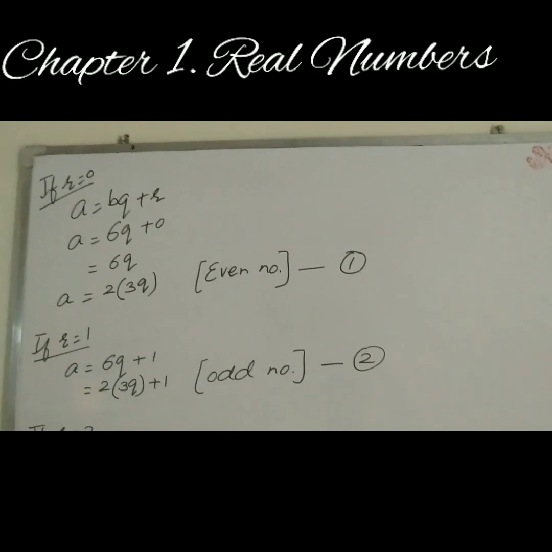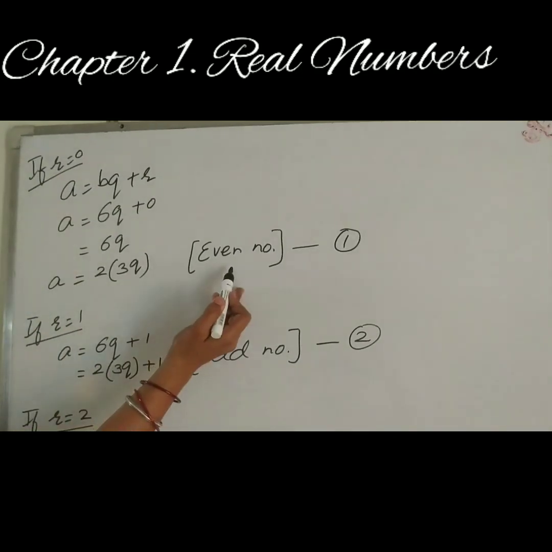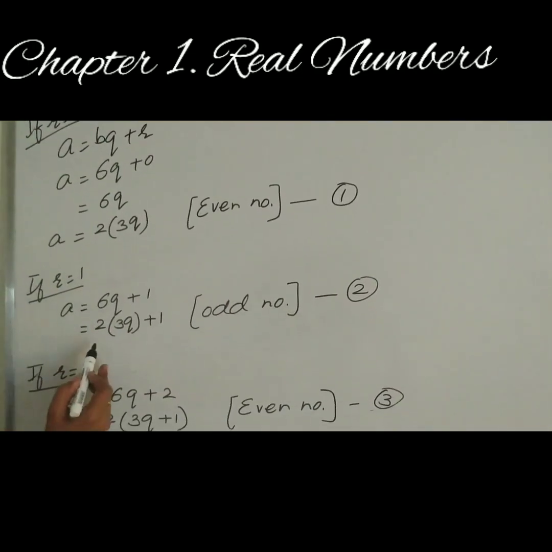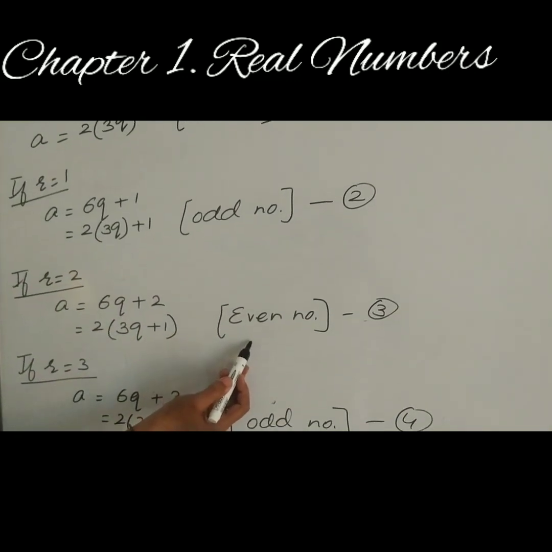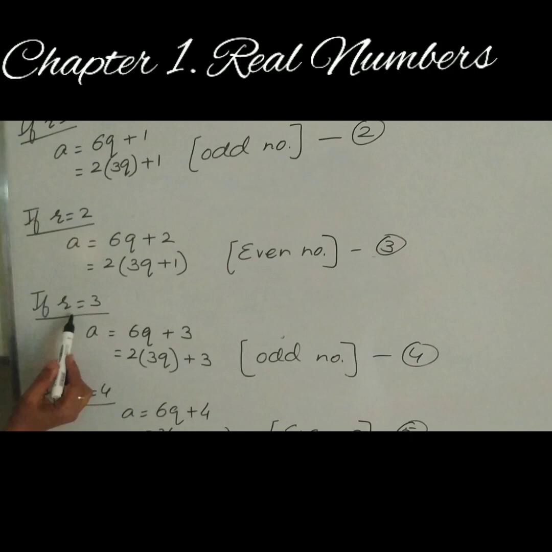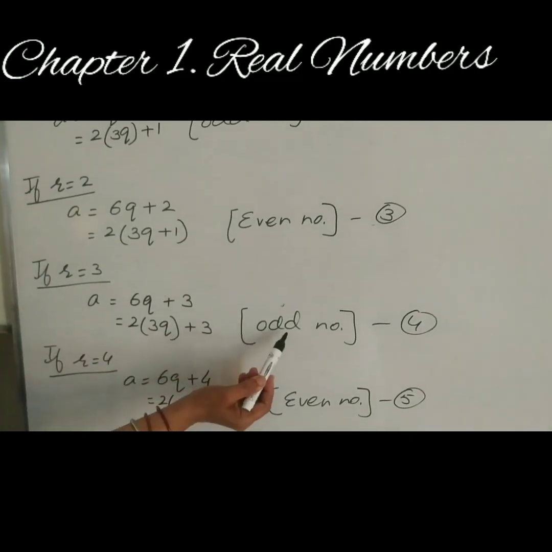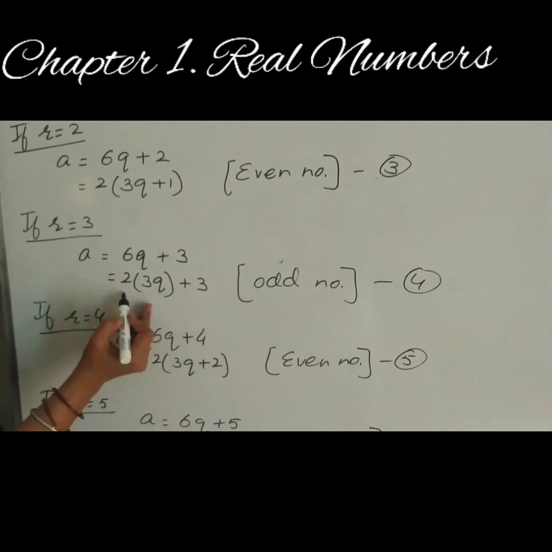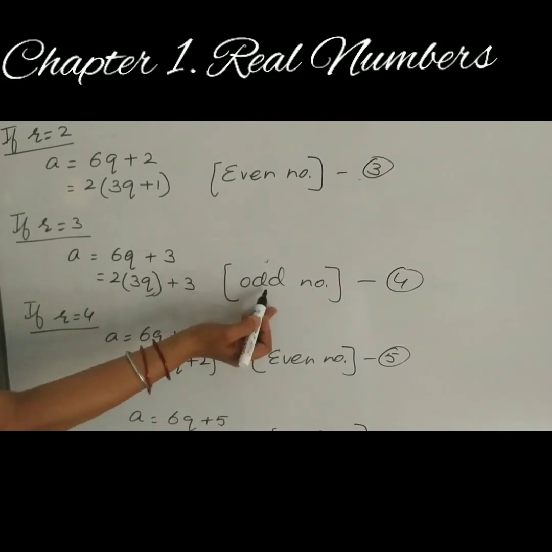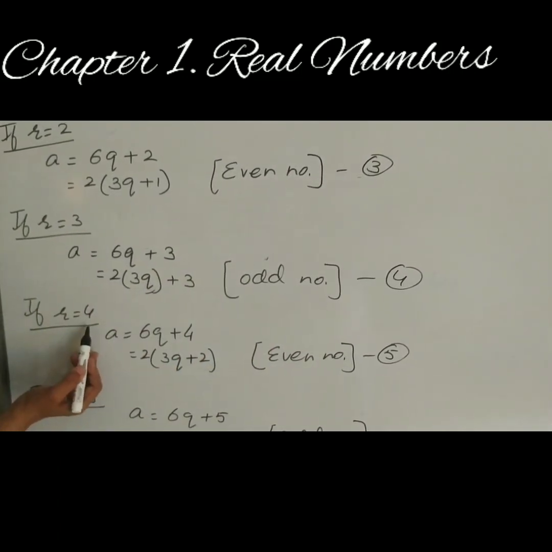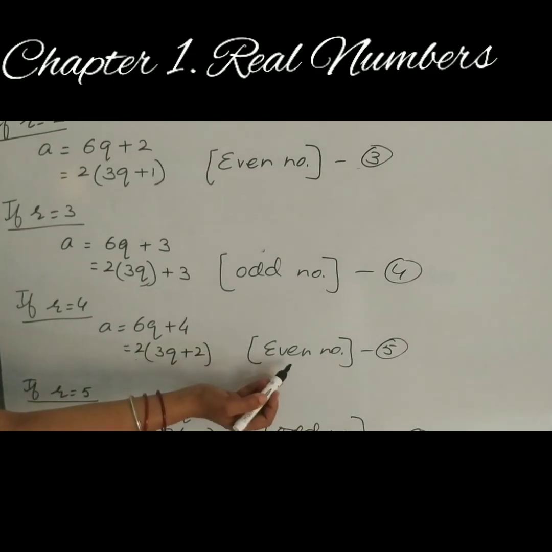If r is equal to 0, we got even number. If r equal to 1, we got odd number. If r equal to 2, we got again even number. And by taking r equal to 3, we are getting odd number because this is an even number. If you add an odd number to it, you always get odd. If r equal to 4, we get an even number.